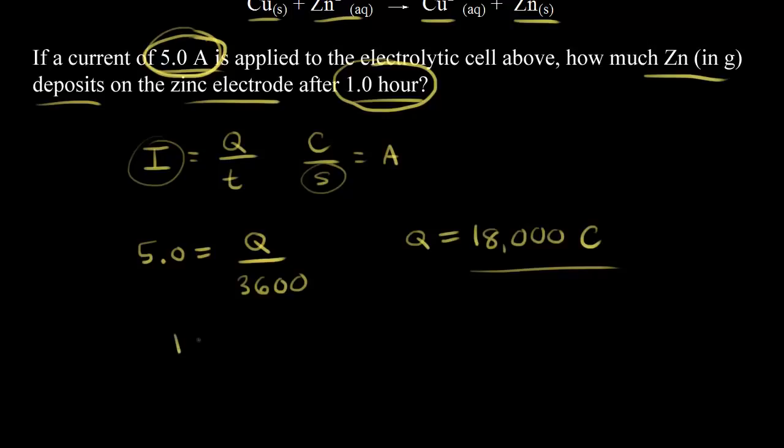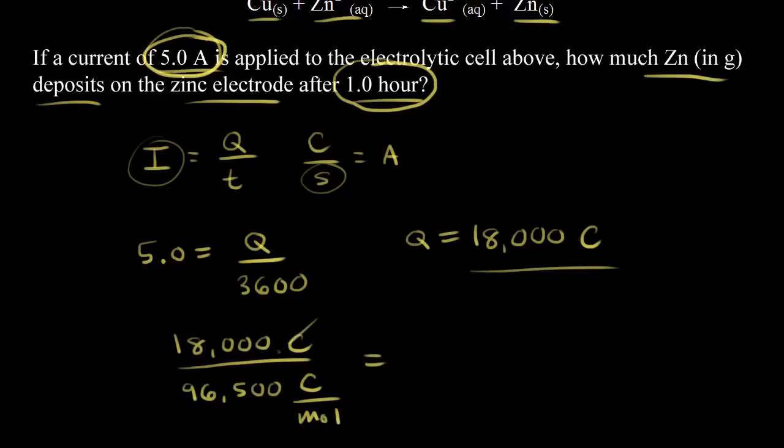So if we have 18,000 coulombs and we're trying to find how many moles of electrons that is, we would need to divide by Faraday's constant. So 18,000 divided by 96,500, which is Faraday's constant, the charge of 1 mole of electrons. If you do it this way, you can see that coulombs would cancel out and you would get moles of electrons. So let's do that on the calculator.